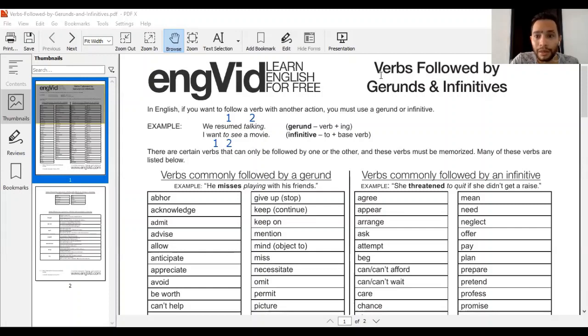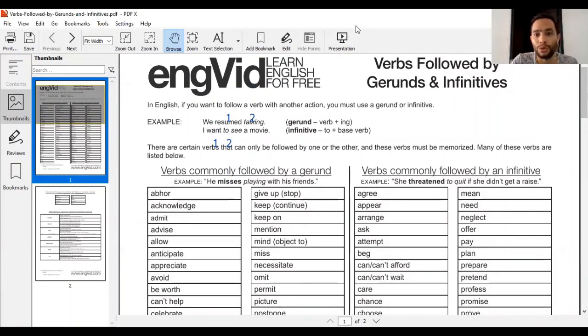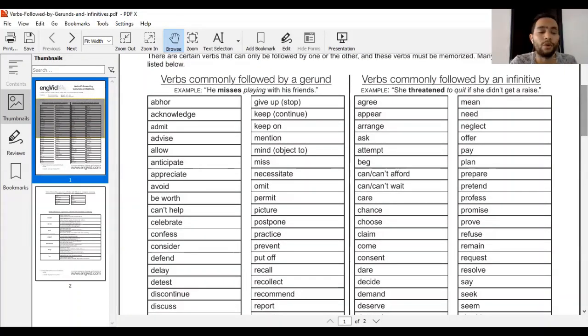Now, when we speak about these two patterns, guys, we got groups of words or groups of verbs. And these are the groups of verbs that I want to show you. Let me just delete my annotations. All right, they're clear. So these are most of the common verbs. I think this is a very complete list, right?